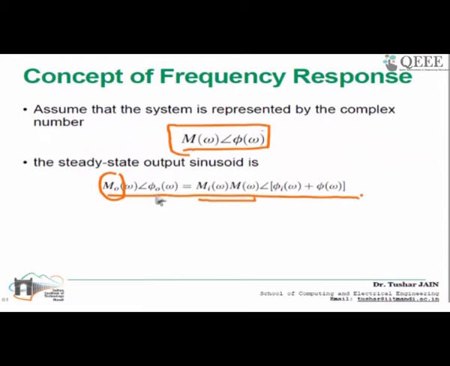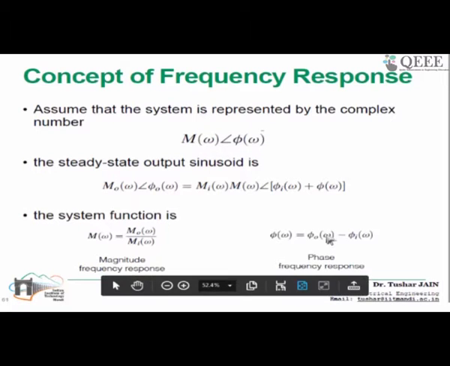The output phase is the summation of the initial phase angle and the phi induced by the system itself, and the magnitude of the output signal is the multiplication of the magnitude of the input signal with the magnitude of the system itself.